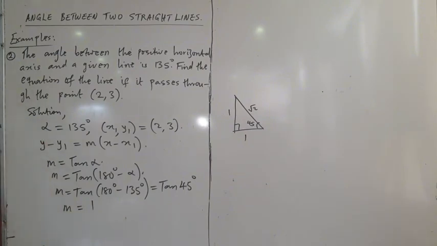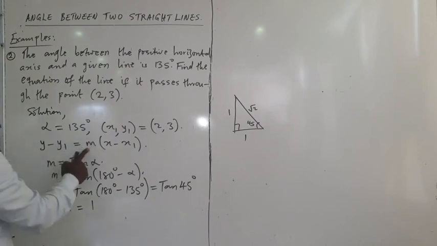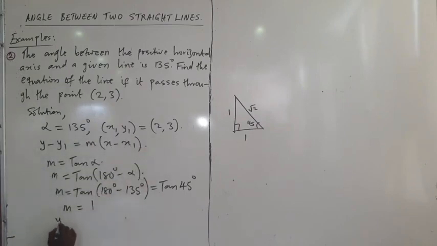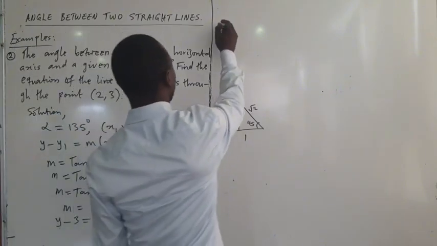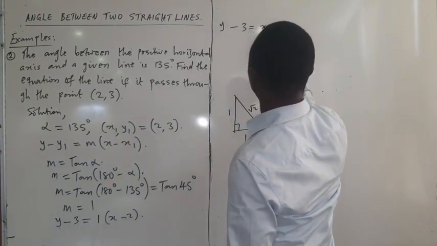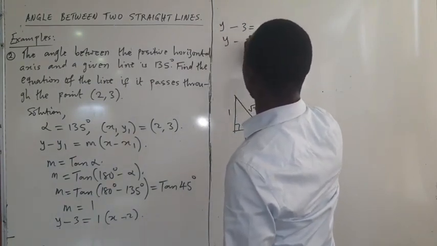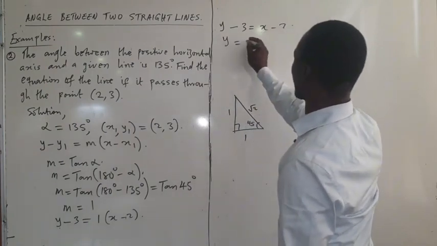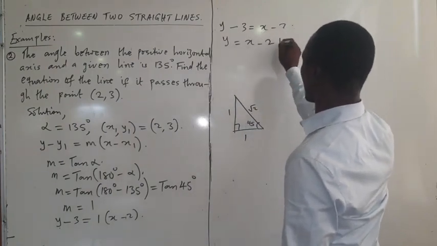You can now go back to the equation of the straight line, y minus y1 equals m into x minus x1. So y minus 3 equals the gradient 1 into x minus 2. So we have y minus 3 equals x minus 2, so y equals x minus 2 plus 3.